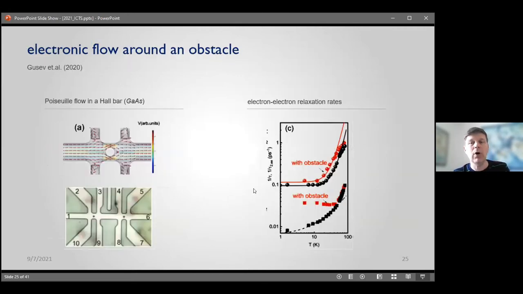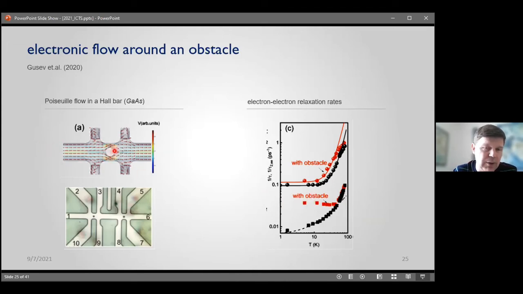Right? Now, another experiment that sort of indicates the existence of viscous flow in graphene, or rather in electronic systems, was done in an ultra-pure gallium arsenide system, where they deliberately made a big macroscopic obstacle in this channel-like structure, and then they show that in the regime where they think electrons behave hydrodynamically, the flow in the case where the obstacle is present, right?